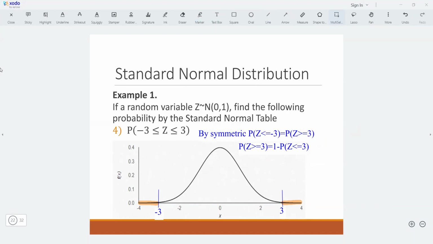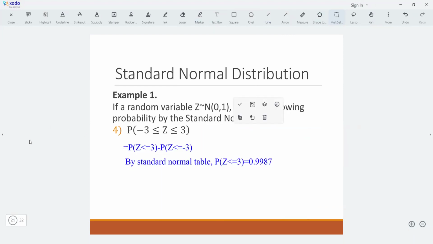Okay, so let me copy this to what we have here, and let me write this again.